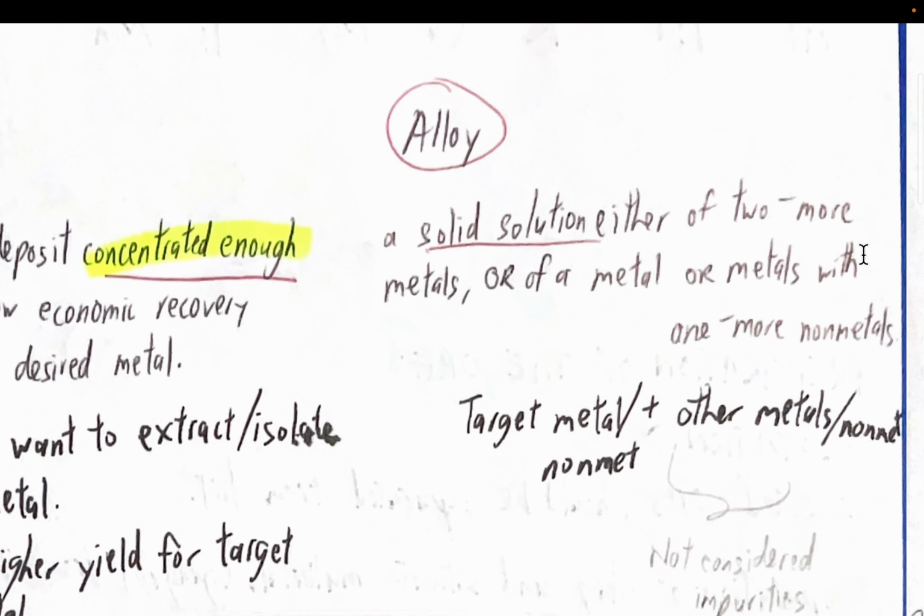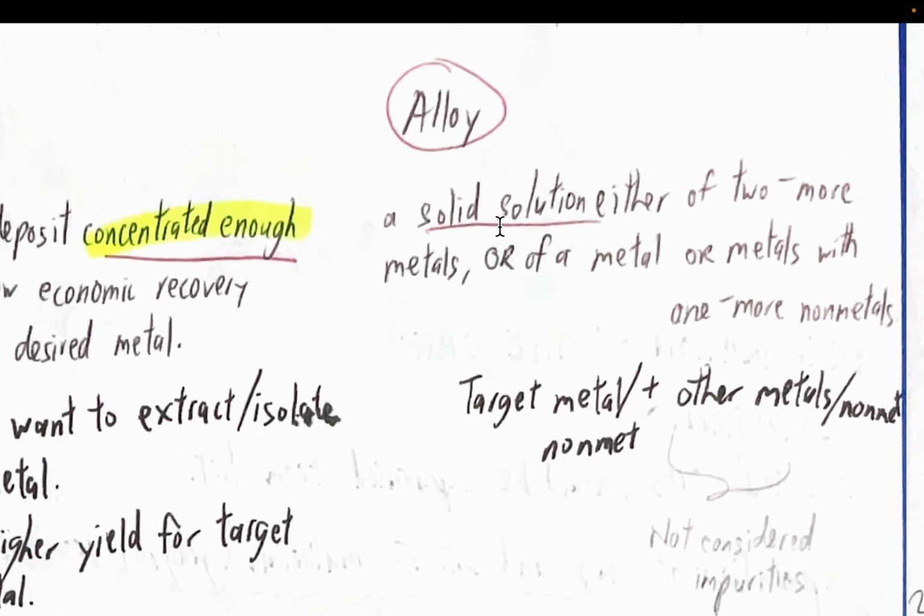Anyways, for alloy, this is a solid solution, either of two or more metals or of a metal or metals, with one to more nonmetals. Okay, so let me just repeat what I just said in a more simplified manner. It may look confusing at first, but there are combinations that an alloy can be composed of.